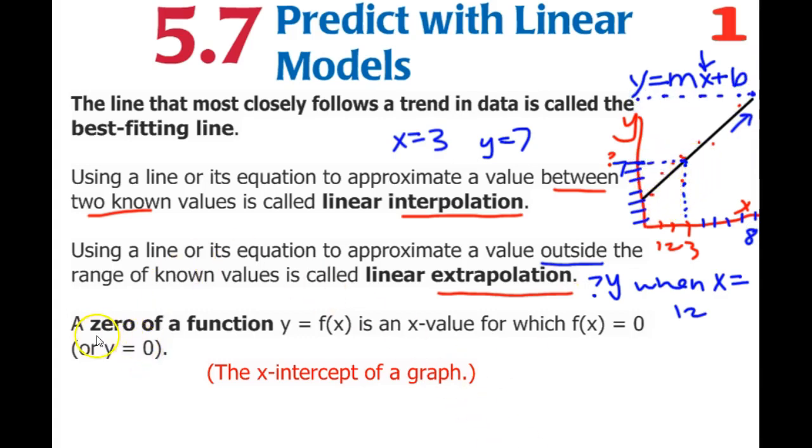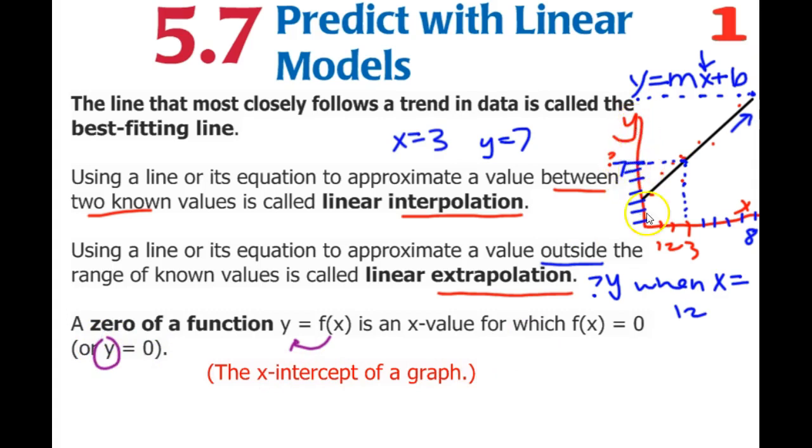And then our last piece of information is called our zero of a function. This is something that we've already learned, it's just a new way of looking at it. A zero of a function, we know y equals f of x. F of x is a fancy way of saying y. A zero is an x value for which f of x equals 0, or when y is really 0.